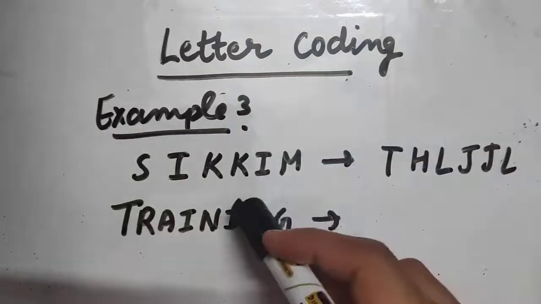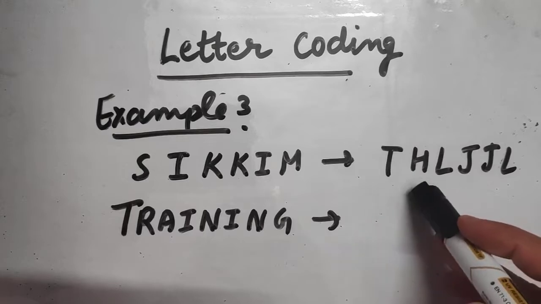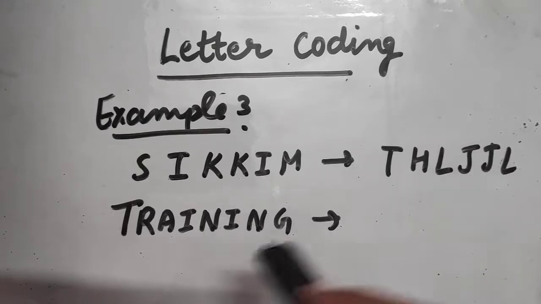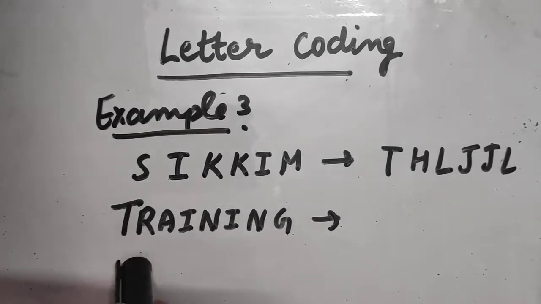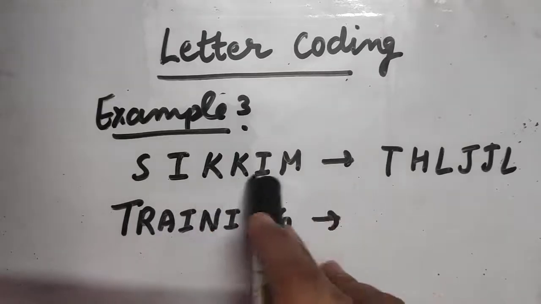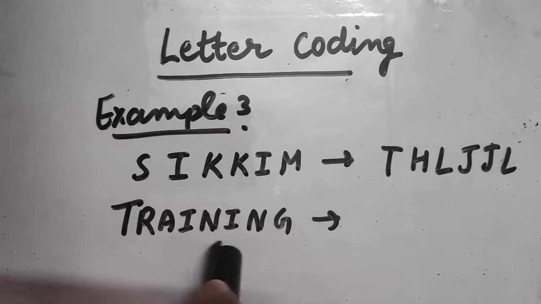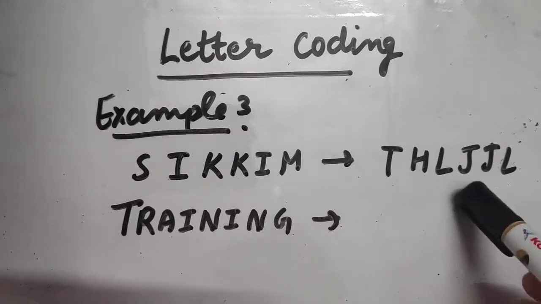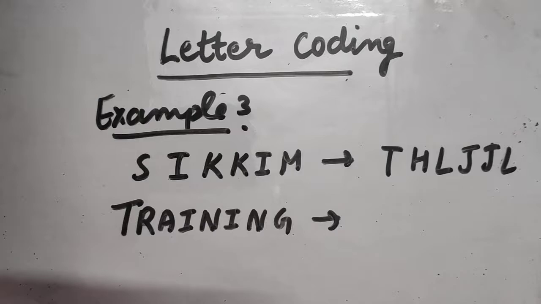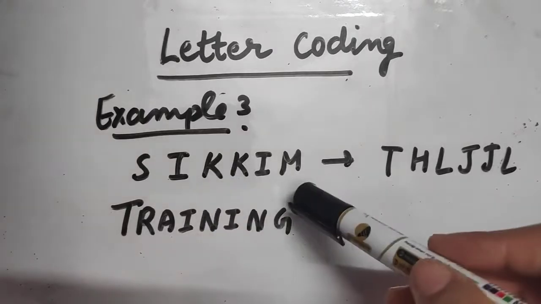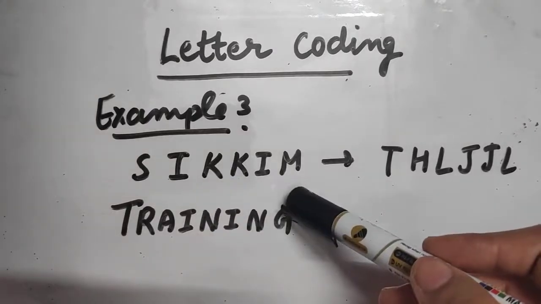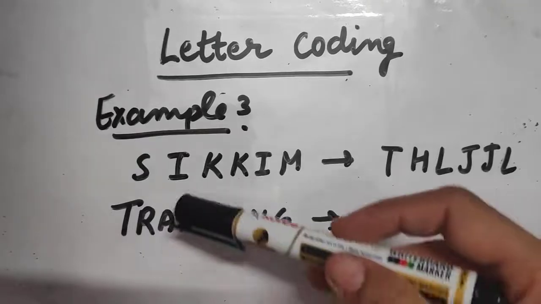Example number 3: SIKKIM is coded as THLJJL. Now we need to find out what will be the code for TRAINING according to the code given between SIKKIM and its code. If we observe SIKKIM and its code THLJJL, it is quite clear that the letters in the word SIKKIM are moved alternately one step forward and one step backward.